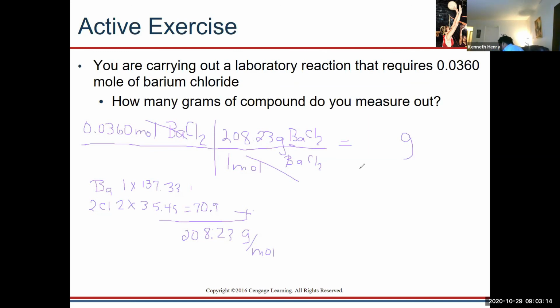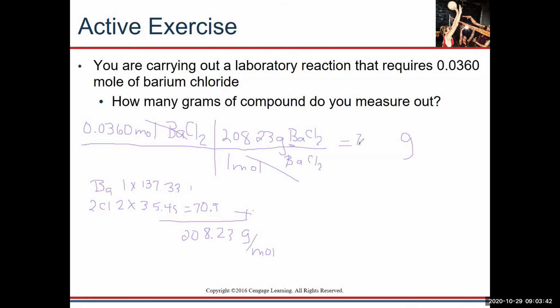What did you guys get? How many sig figs should I have? 3 sig figs.